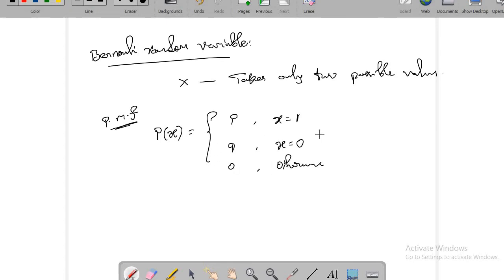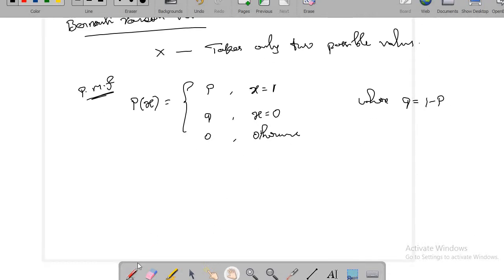At the rest of the values it is defined to be 0. Q is nothing but 1 minus P. This is the relation.